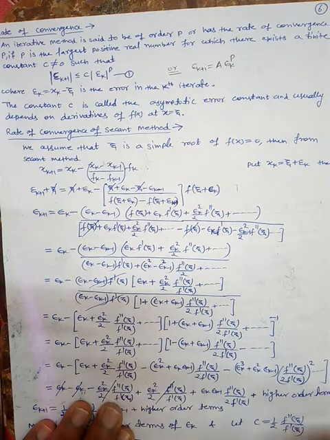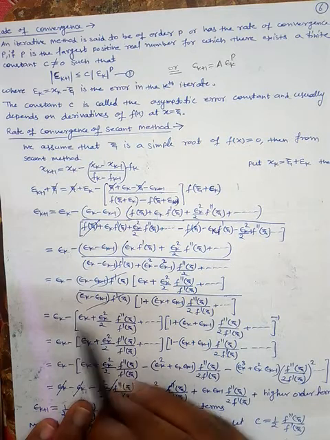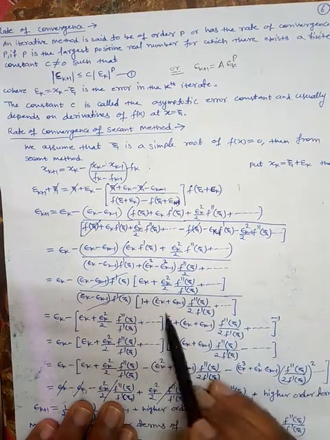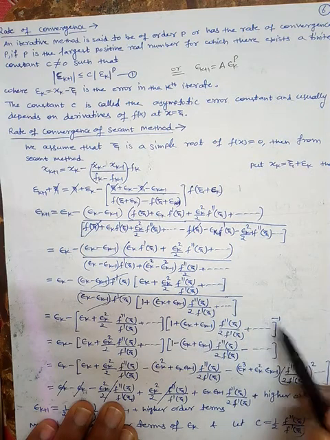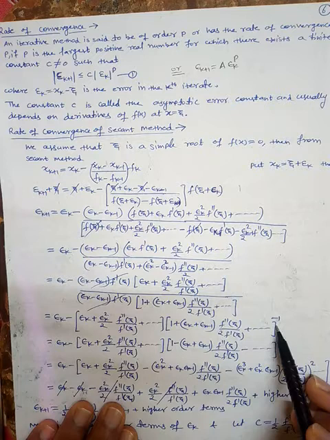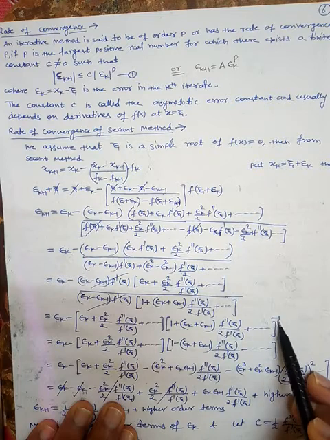Now this cancels out with this, so we get epsilon k minus this quantity, the numerator part, written here, and the denominator you can bring in the numerator by taking the power as minus 1. So this is taken in the numerator part with power minus 1.